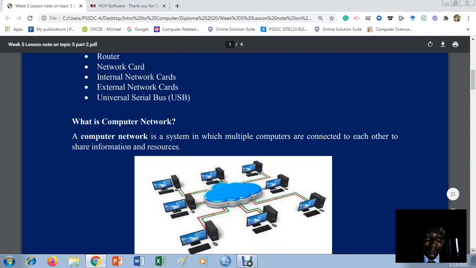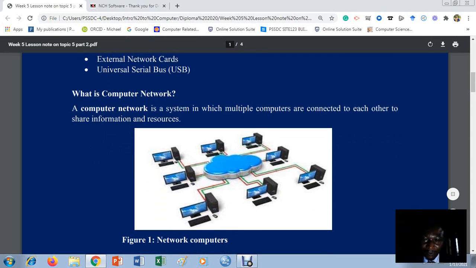What is a computer network? Before I give my definition, if you look at these diagrams I'm showing, you can see computer 1, computer 2, computer 3, all are connected via this device at the middle. Now let's go to the definition.